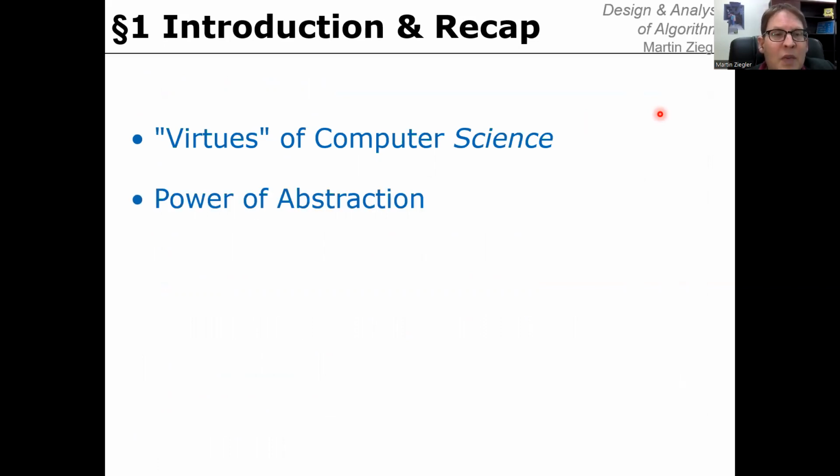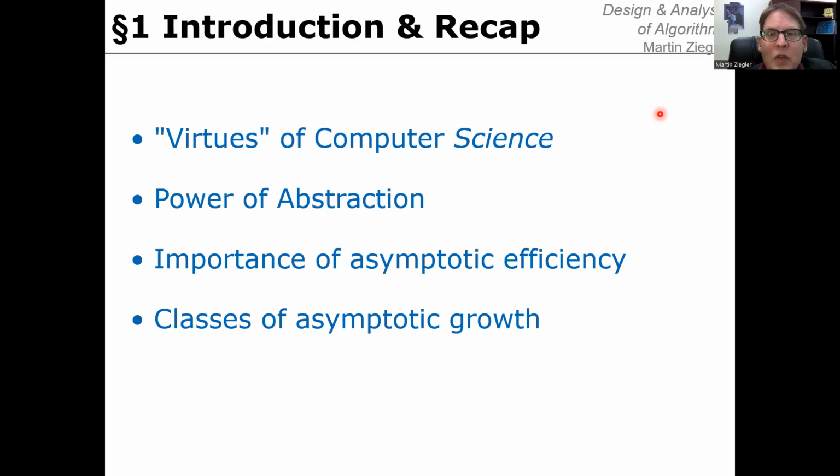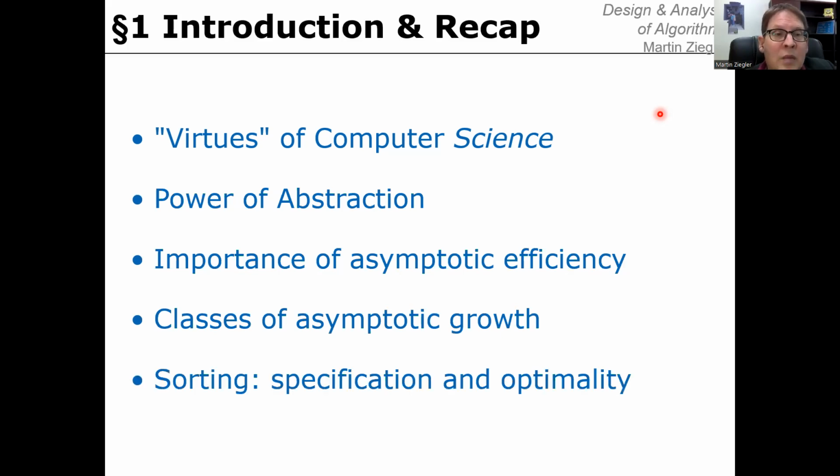I'm going to emphasize the power of abstraction, the many layers of abstraction that nowadays computers build on and that are hidden and thus make them tractable, motivating and emphasizing the importance of asymptotic as opposed to absolute efficiency, absolute running time versus asymptotic growth, recalling some classes of asymptotic growth, and then we'll recall the classical sorting problem and emphasize two aspects of the virtues of computer science, namely specifying a problem and proof of optimality, at the example of sorting.